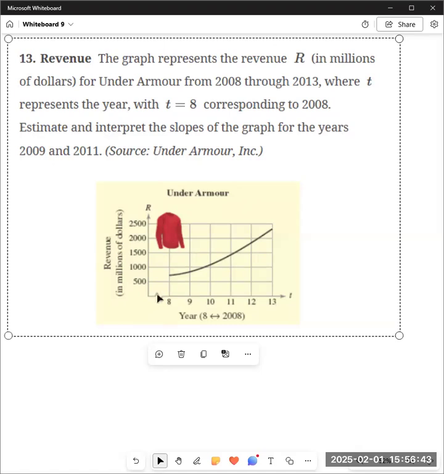This little almost lightning bolt thing in the graph means that this part of the graph is deleted, that it's not to scale, that one tick mark here from 8 to 9 is not the same as the tick mark here that's from 0 to 8. So they just took out a part of the graph that's not interesting because it doesn't exist. Be careful about doing that because that actually causes a distortion in people trying to draw conclusions.